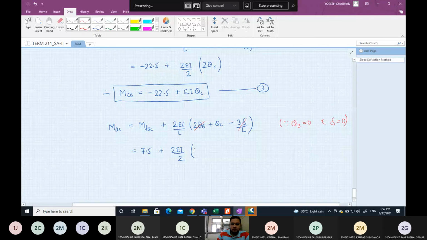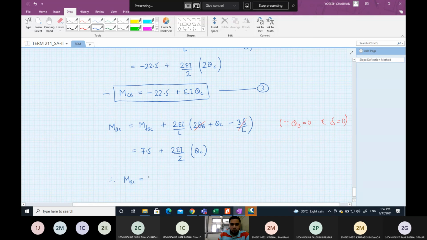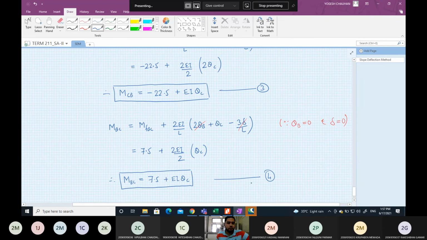So we are left with only theta C. So your equation becomes MBC equals 7.5 plus EI theta C. Mark this as number 4.